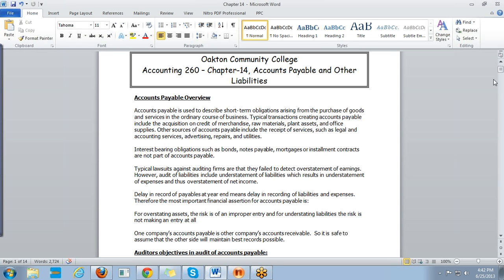If you miss that entry or you book it in the next period, you can avoid expense for the current period to show a better revenue. So that's why typical lawsuits are that they fail to detect overstatement of earnings. Audit of liabilities includes understatement of liabilities, which results in understatement of expenses and overstatement of net income.